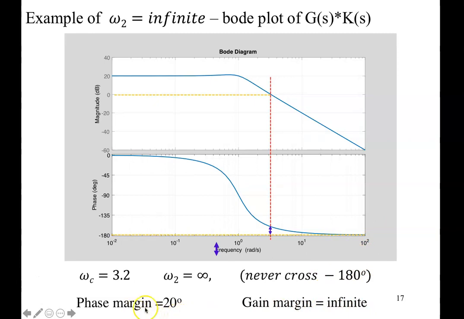Phase margin, again, you need to go to the crossover frequency. That's omega C. So you go to that frequency, you check how far away the phase angle is from minus 180 degrees. It is that much.